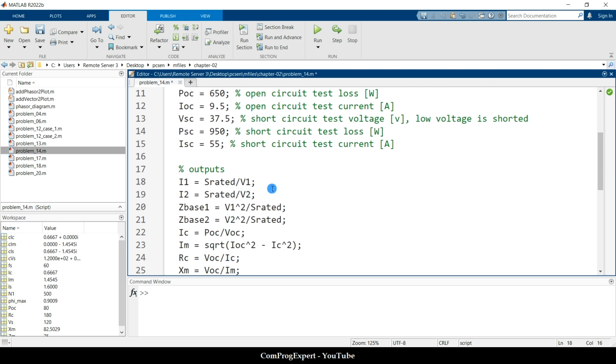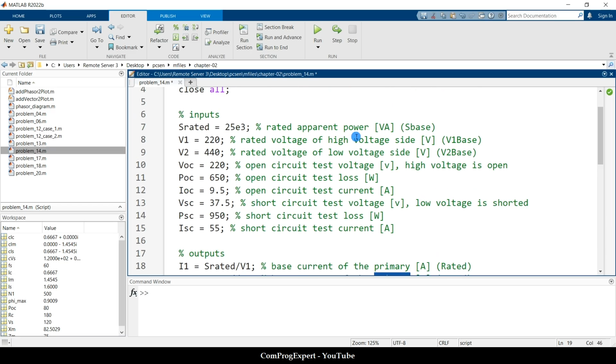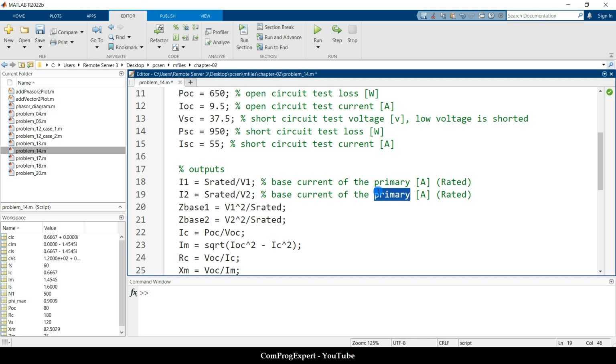This is the base current of the primary. The base current is the same as the rated one. You know that. And this is the base current of the secondary side, the low voltage or secondary.